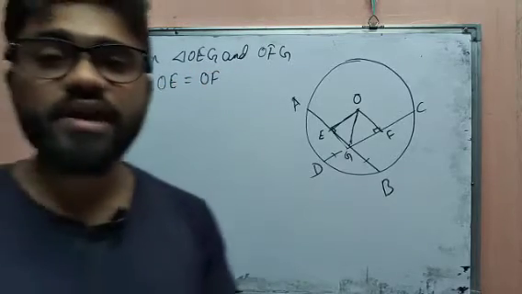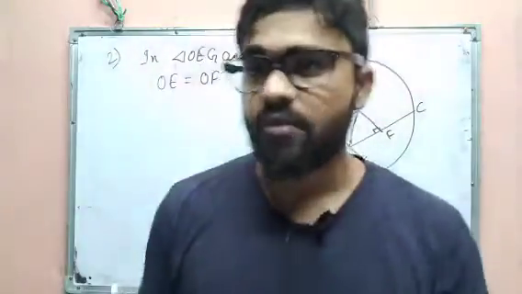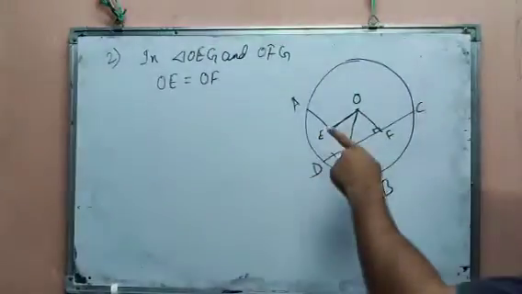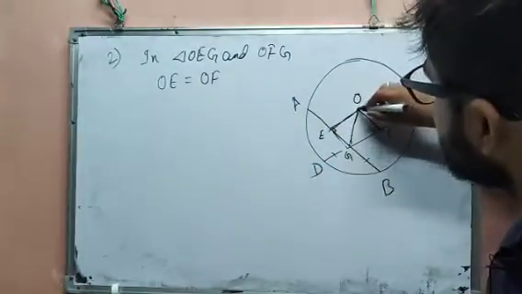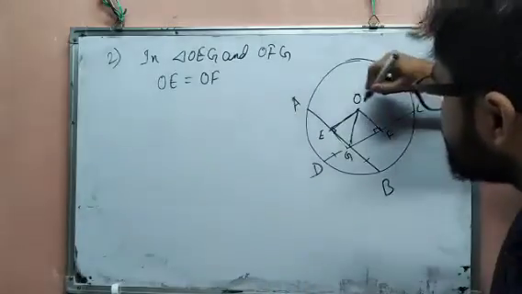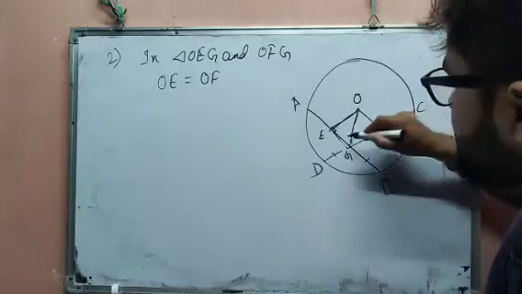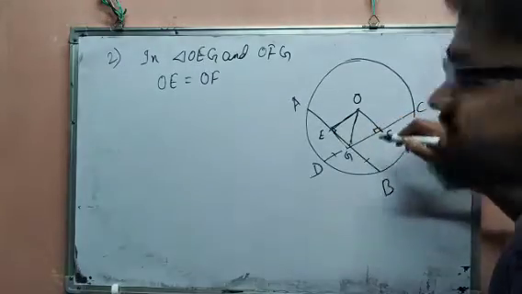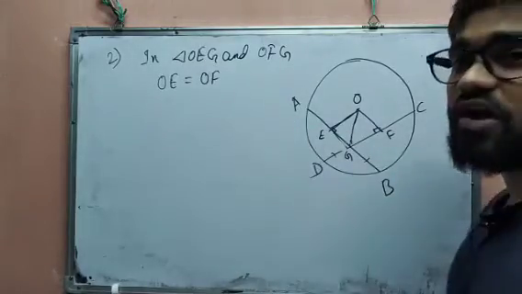Why are these two equal? Because by the theorem, when the chords are equal, their distance from the center is equal. OE and OF are perpendicular, and this is the distance from the center. As the chords are equal, they are equidistant from the center. So OE equal to OF we have to write.